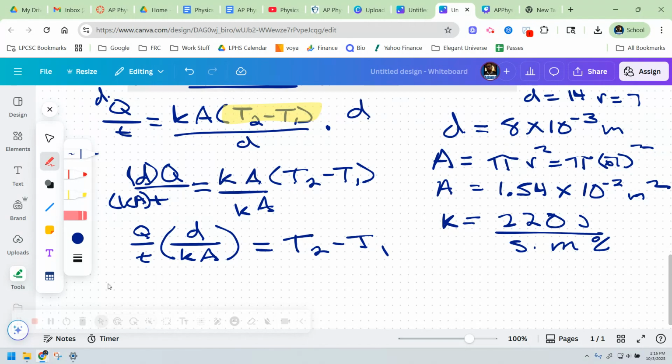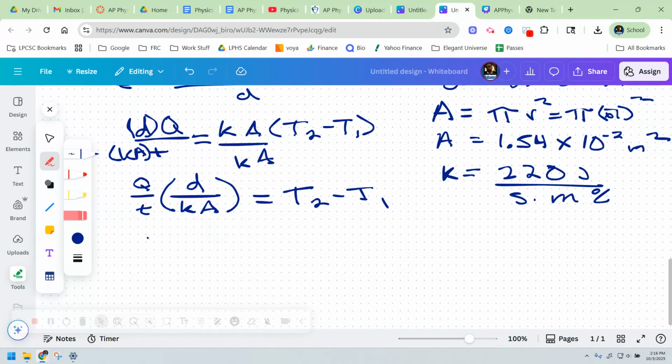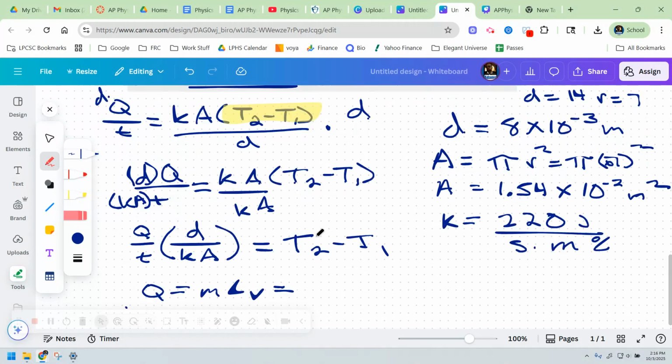Now for this one, remember that Q is equal to the mass times the latent heat for evaporation. Well, they told us the mass. Did I write the mass down?